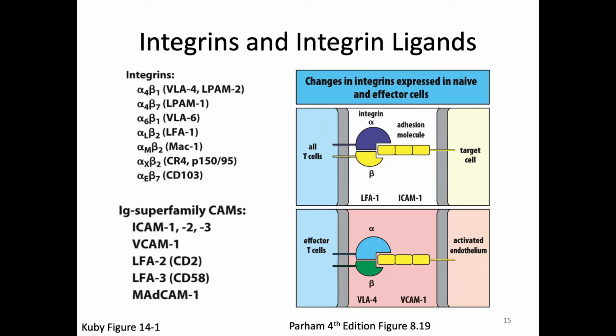And you can see that there are a number of other cell adhesion molecules or CAMs. And there, again, are specific interactions between a particular integrin and a particular CAM. And this is an incredibly strong interaction that really is going to stop our cell in its tracks.